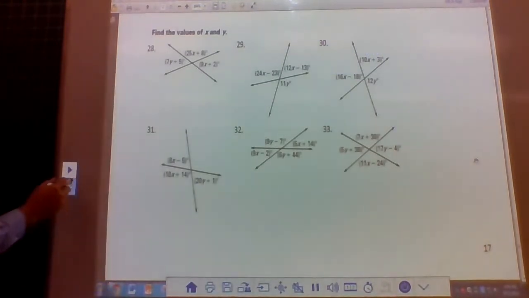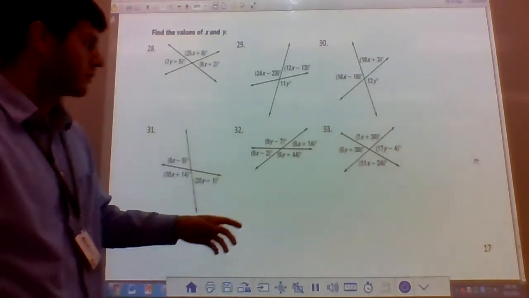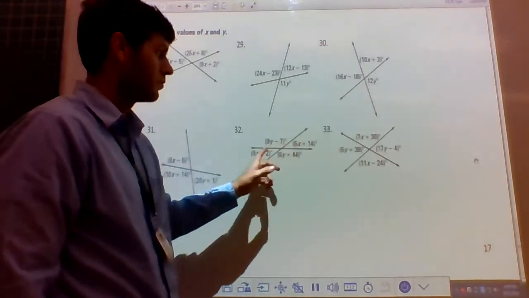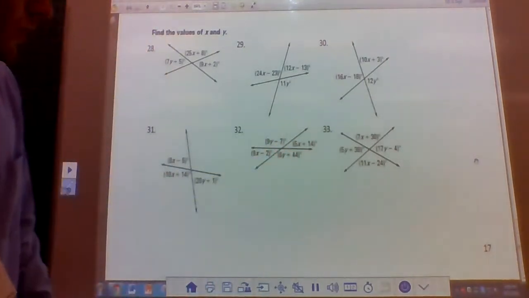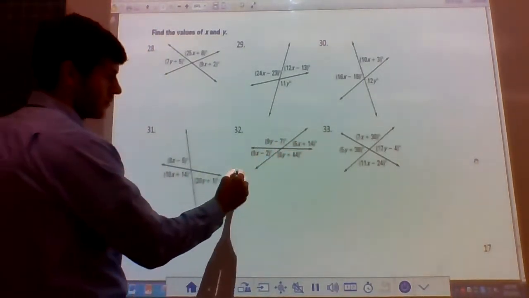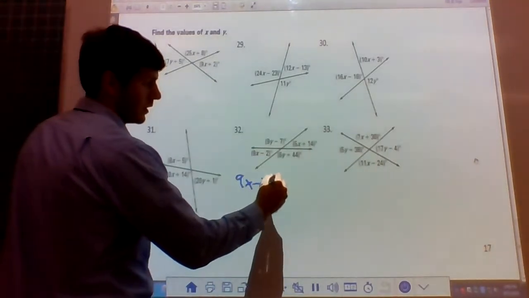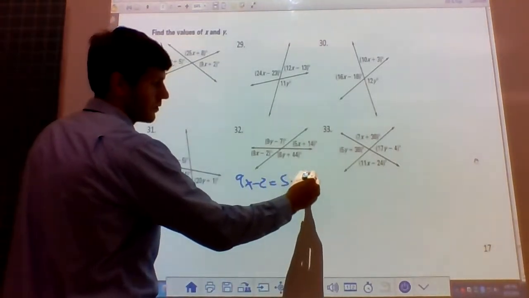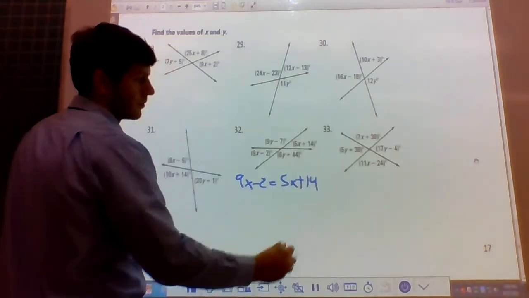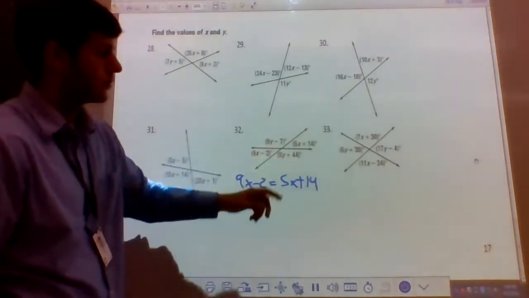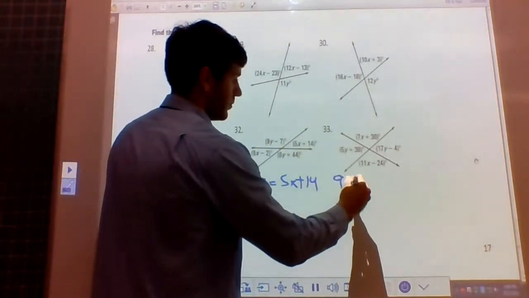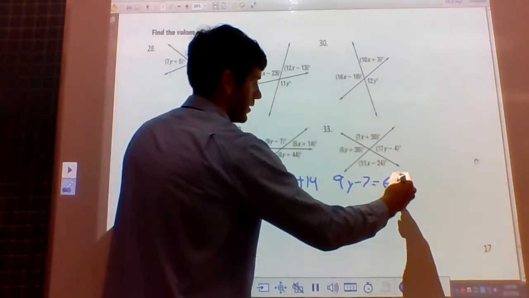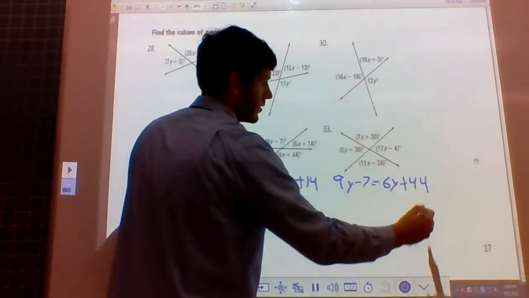Okay. So here, again, we want to look for the same variables. So these are going to be our x's. So we can do 9x minus 2 equals 5x plus 14 because they're vertical. And our y's are also vertical, so we can do 9y minus 7 equals 6y plus 44.